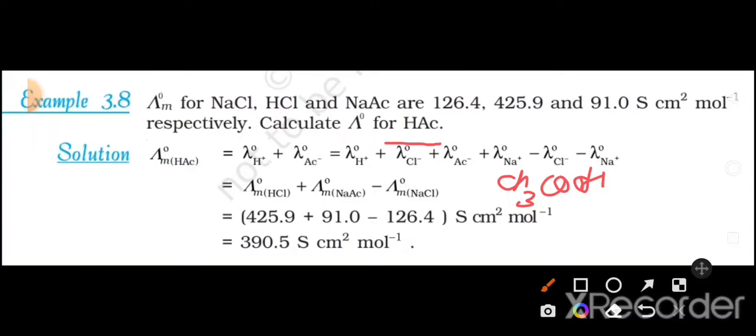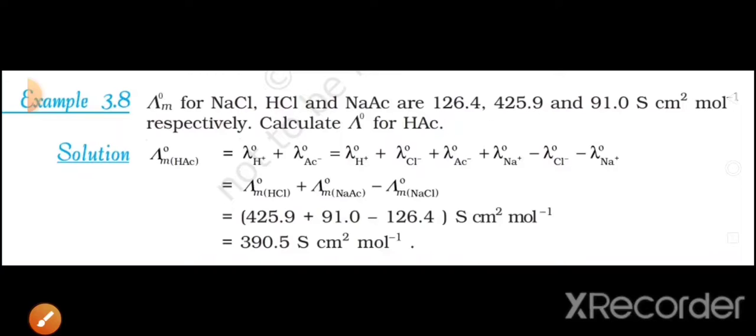According to the Kohlrausch law, the limiting molar conductivity of an electrolyte can be represented as the sum of the individual contributions of the anion and cation of the electrolyte, as we have already learned. And for acetic acid, how do we find it out? That is by applying the Kohlrausch law. So we can do this in this way.